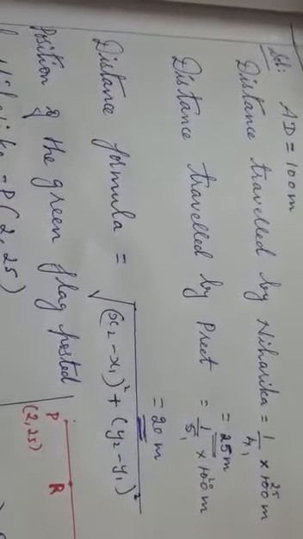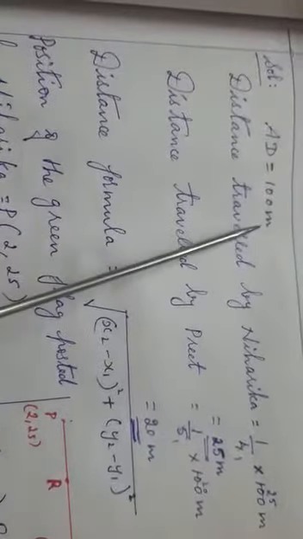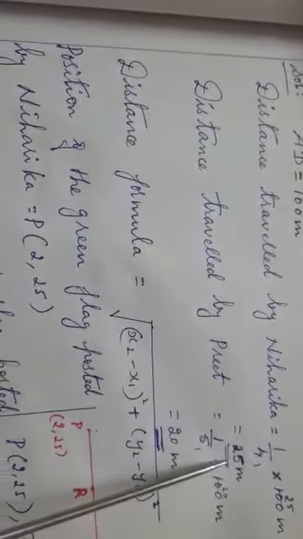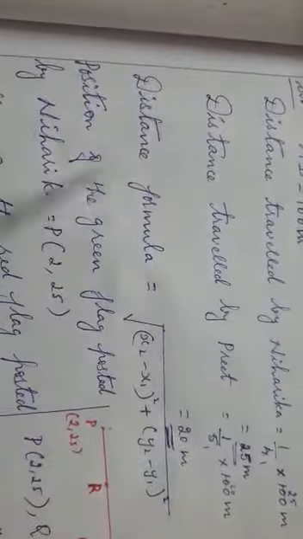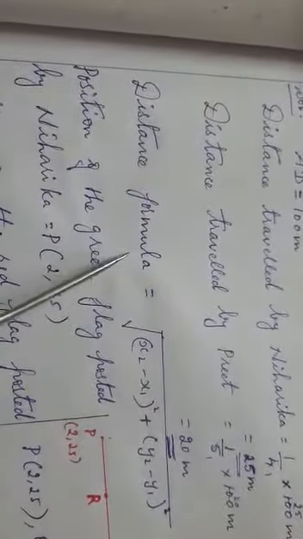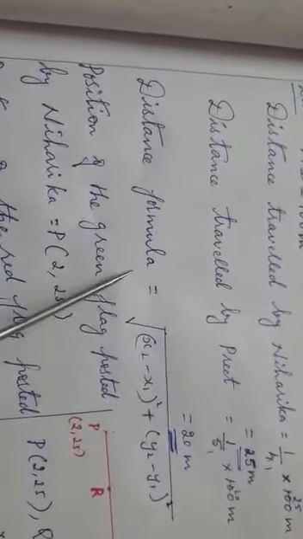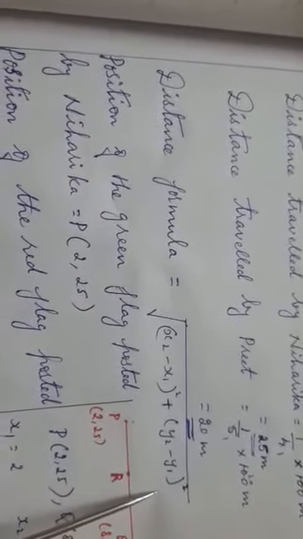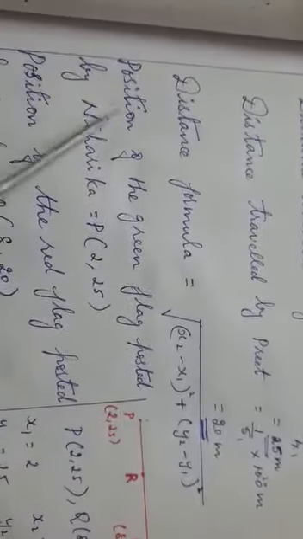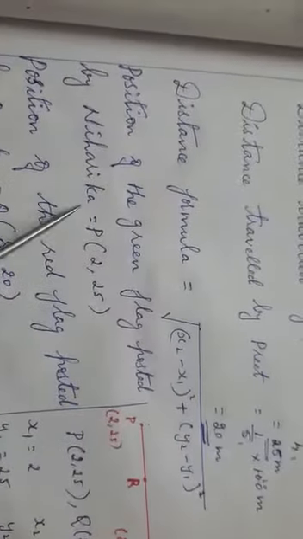Next, the solution. AD is equal to 100 meters. Distance travelled by Niharika is 1/4 into 100, that is 25 meters. Distance travelled by Preet is 1/5 into 100, that is 20 meters. By the distance formula, I told you how to find the distance between P and Q: square root of (x2 minus x1) whole square plus (y2 minus y1) whole square. Now we have to find the position of the green flag posted by Niharika.